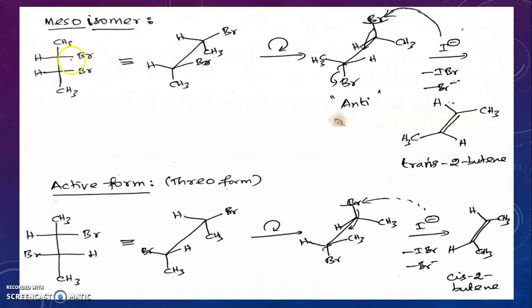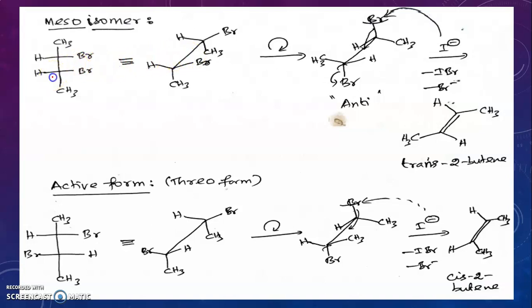As I told you in one of my lectures, the Fischer projection is actually the eclipsed projection of the Sawhorse or Newman. So when you convert Fischer into Sawhorse, it should be in eclipsed form.